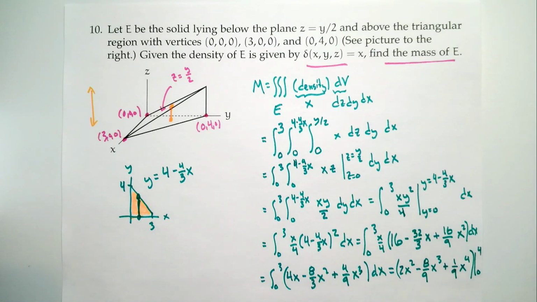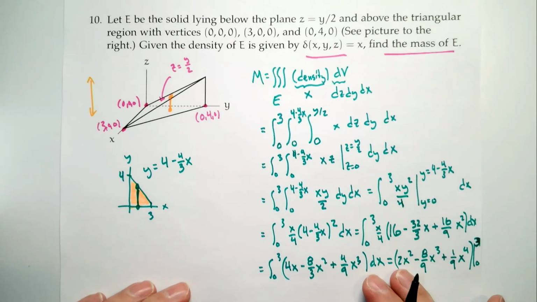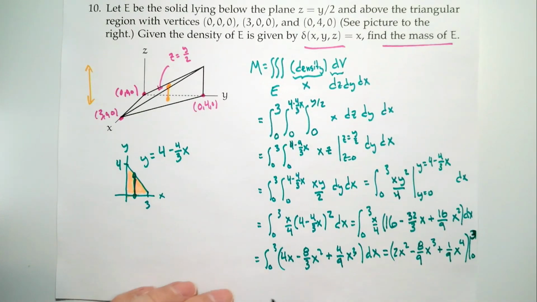Now, what? 0 to 3. Oh my gosh, I had too many 4s on my mind. 0 to 3. Well, all right, I might be able to squeeze it in right in the very bottom here. Equals, okay, plug in 3. 2 times 3 squared is 2 times 9, which is 18. 3 cubed is 27.